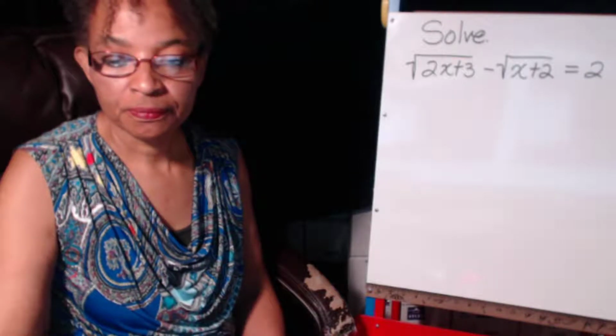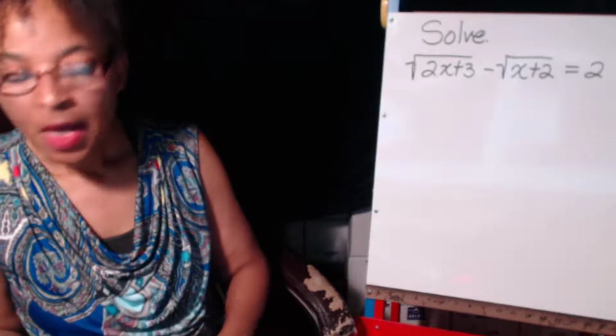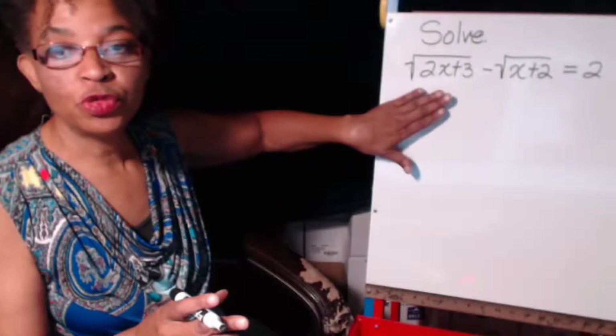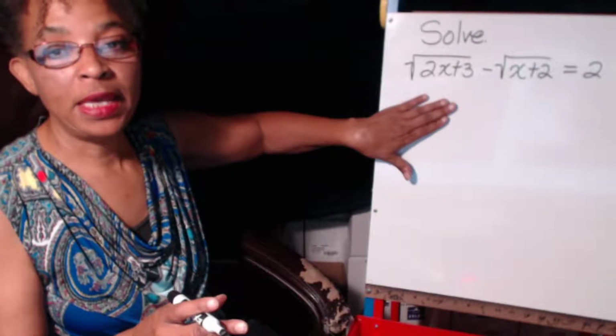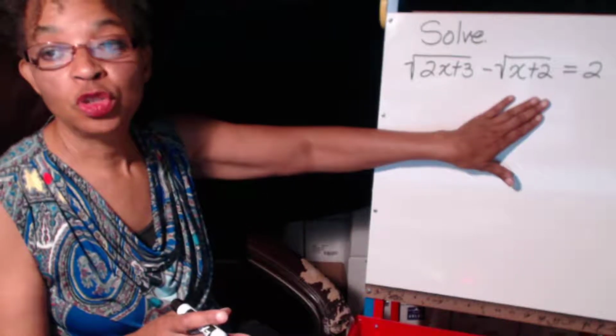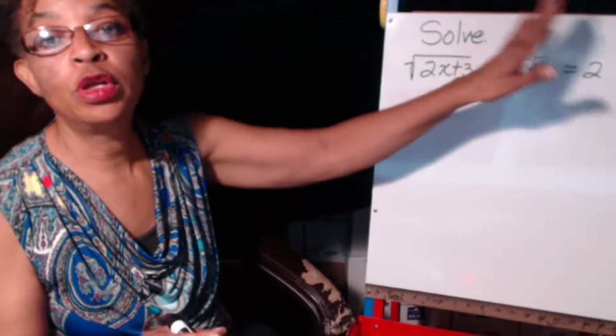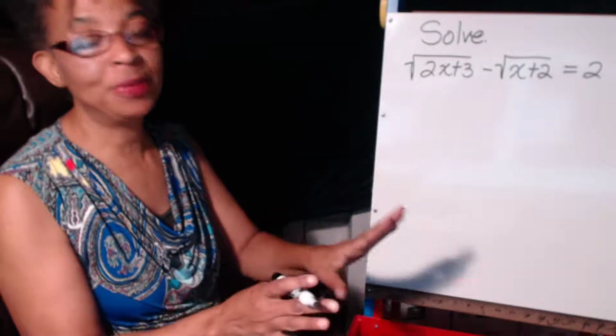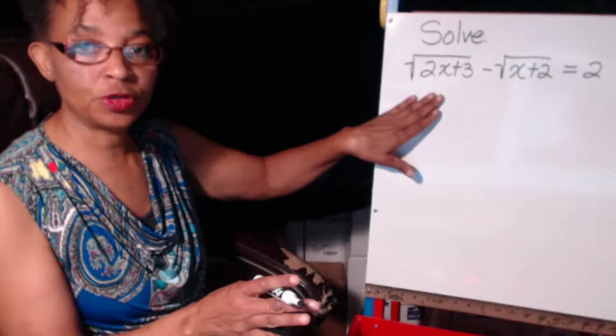Now, the idea is that this leftmost radical should remain on the left-hand side of the equal sign. The square root of x plus 2 we're going to transfer to the other side, and we do that by doing the opposite of how it's connected to the first radical.